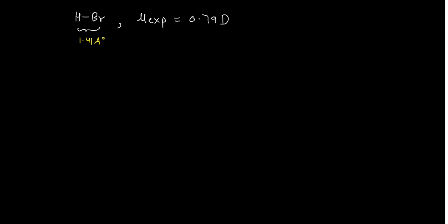So for percentage ionic character, you have actually two things here. You have this mu experimental, and you have this bond length. So you have to calculate your theoretical dipole moment, right?